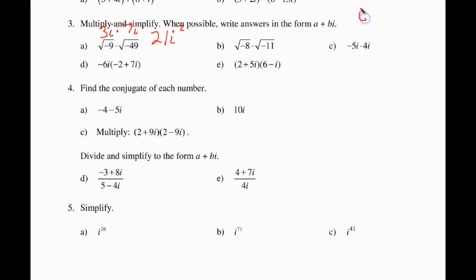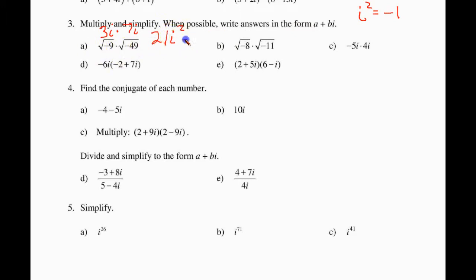But what did we say i squared was equal to? -1. So we never, I repeat, we never leave i squared as a letter, a variable, imaginary number in any calculation. We always convert the i squared to a -1. So this is 21 times -1.